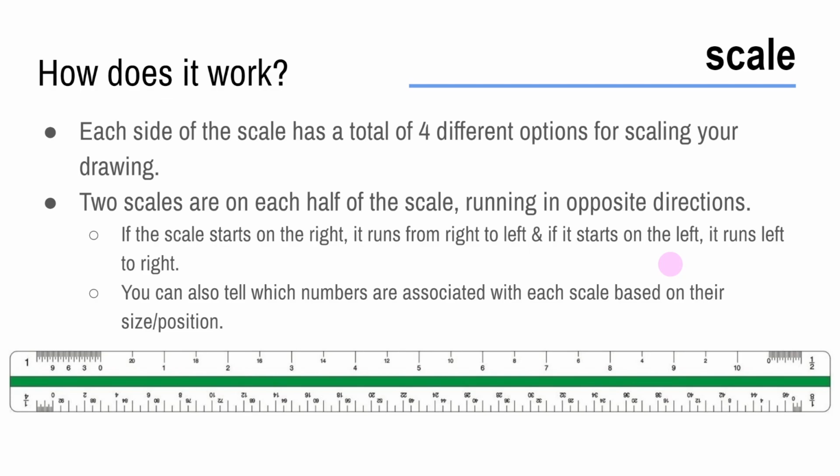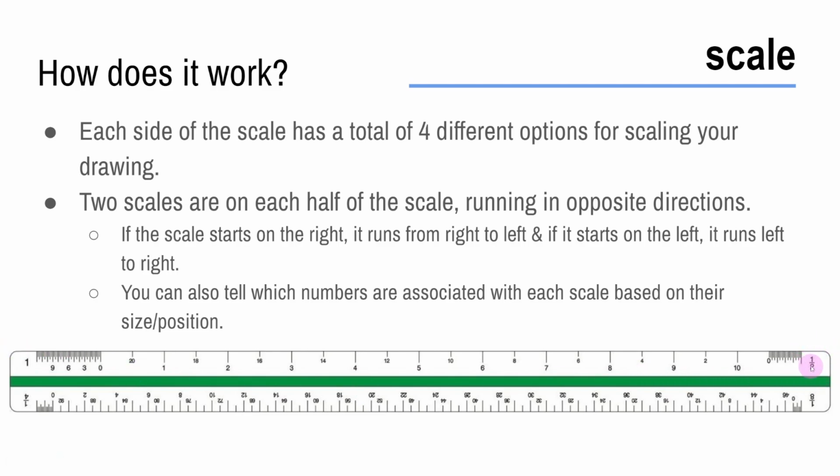So how your scale works is that each side of it has 4 different options to scale your drawing, and you have two scales running in opposite directions. So in this case, I have a scale of 1, a quarter, an eighth, and a half. What these designators are actually doing is telling us how many inches on paper is equal to a foot in real life.